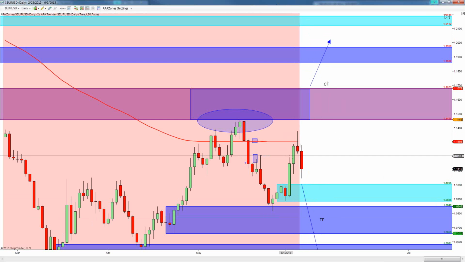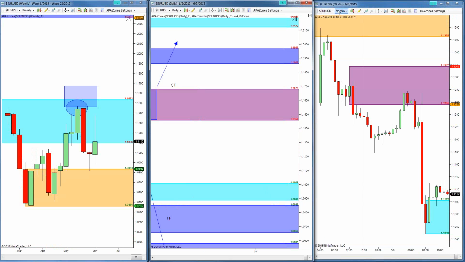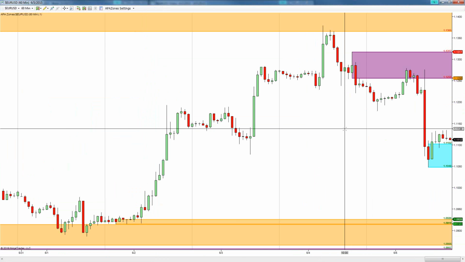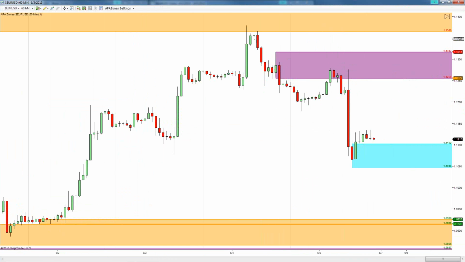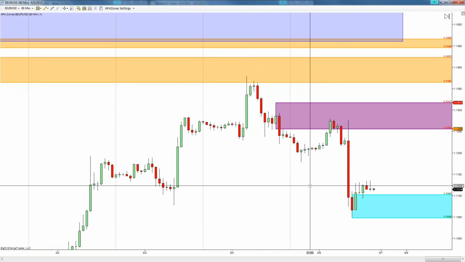We are not in an area of resistance right now, so if we were looking to take the short here, we'd really want to be in an area of resistance. Okay, so on our smallest time frame, I'd be looking for good resistance points, like what we saw yesterday, bouncing into this resistance area and then popping back down.